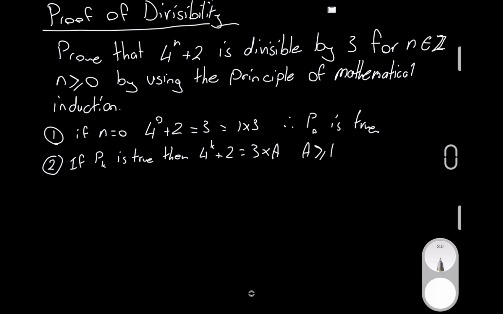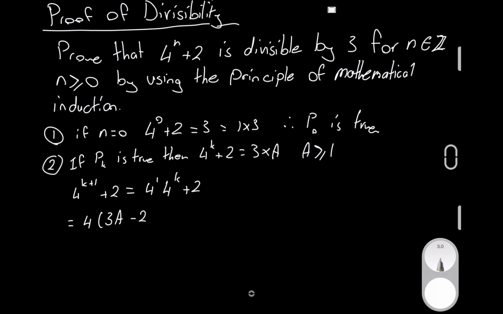What we're going to do now is use the k plus 1 case. So 4 to the power of k plus 1 plus 2 could be rewritten as 4 to the power of 1 multiplied by 4 to the power of k plus 2. Remember that this is just index laws and we can split it up. So what this is going to mean is we could make this equal to 4 multiplied by 3a minus 2.